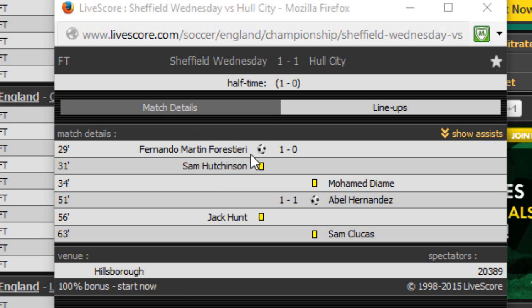As it so happens in this match, there were no further goals, so if we had stayed in to the very end, then we would have earned the full profit from that match. So that's given you, I think, a feel for how this method works.